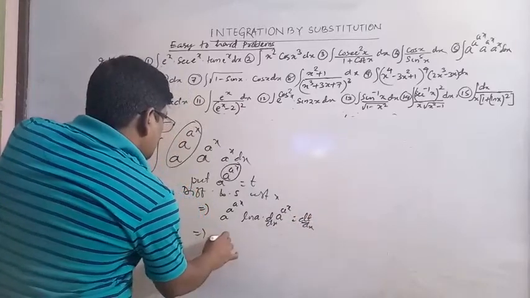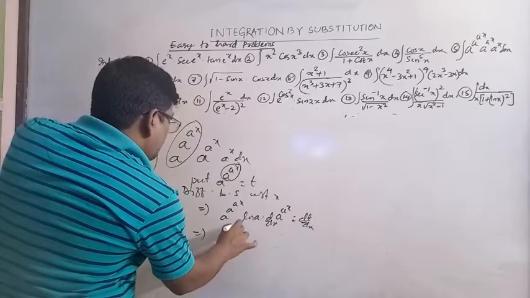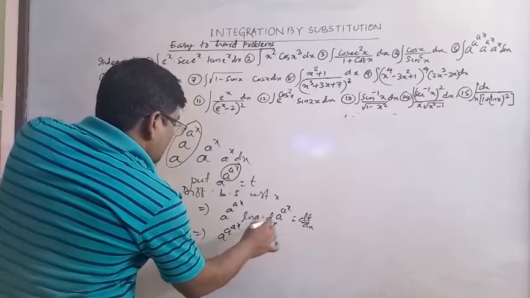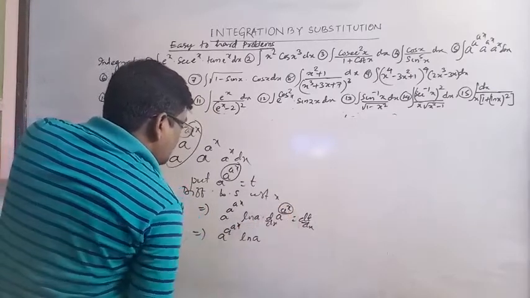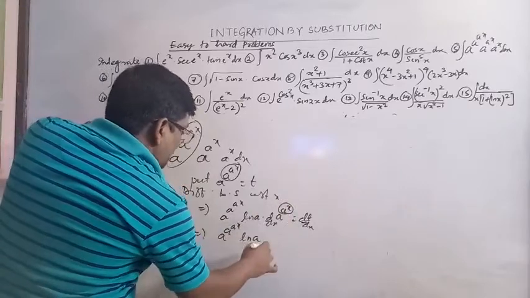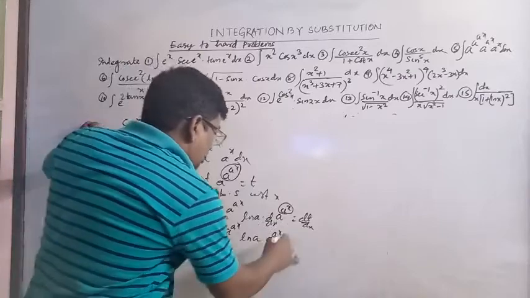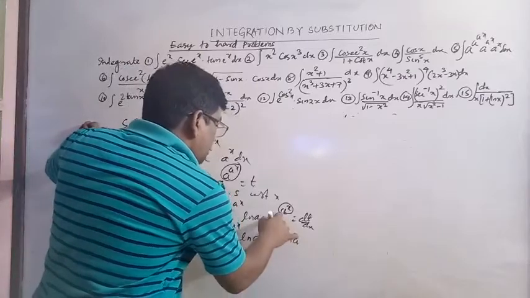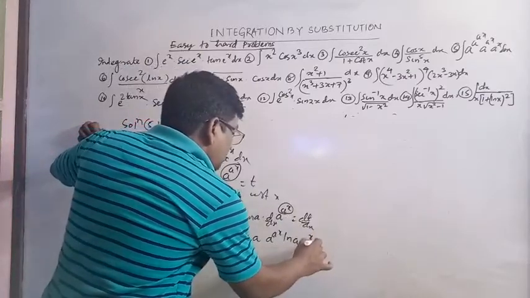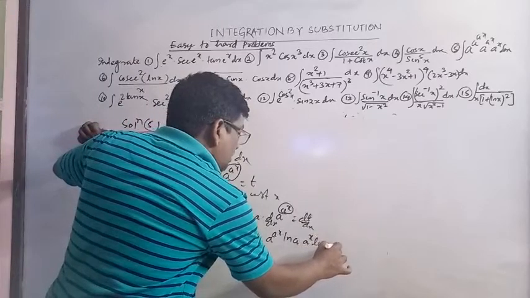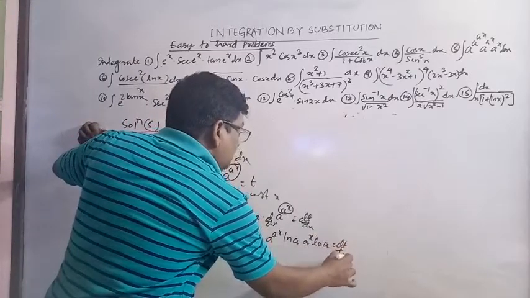So this is equal to a to the power a to the x log a. Now consider this is x. What is the derivative of a to the x? a to the x log a into the derivative of a to the x, a to the x log a, is equal to dt by dx.